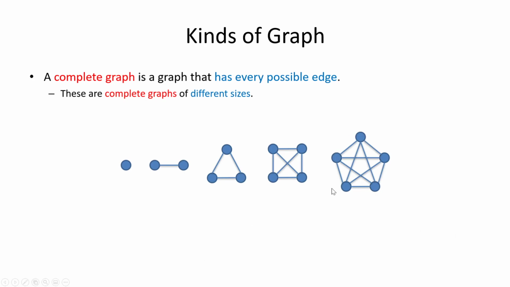Usually once we get to 5, we just draw them all in a circle and draw all possible lines. So after about 10, it just starts looking like a big tangled ball of vertices with all possible crossing over lines. All right, so that's a complete graph.